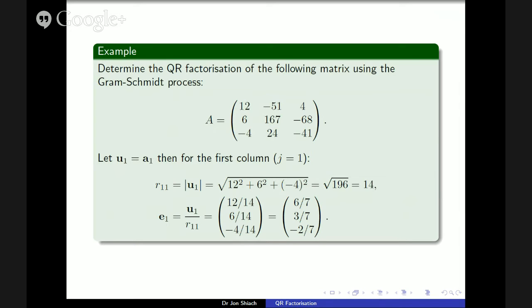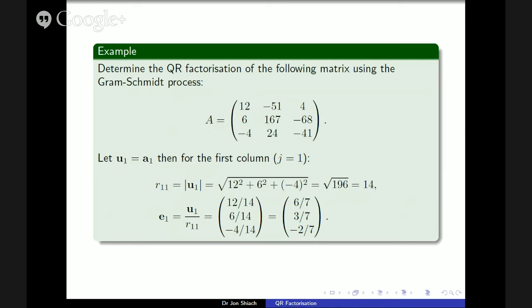So A1 would be the vector 12, 6, minus 4. And our first element in our upper triangular matrix R is simply the norm of U1. So calculate the Euclidean norm: 12 squared plus 6 squared plus 4 squared, root 196 gives us 14.